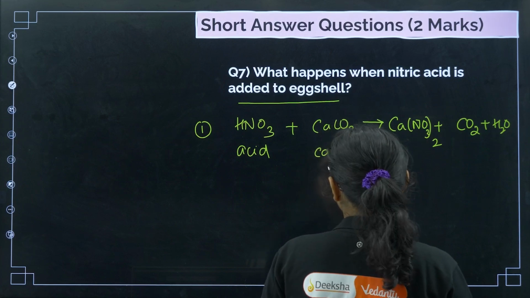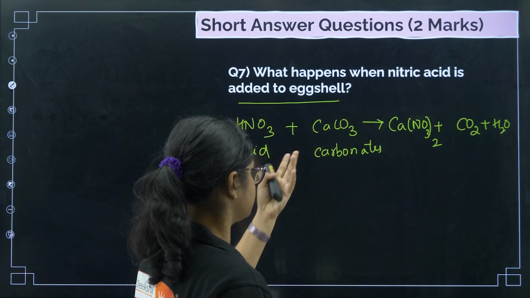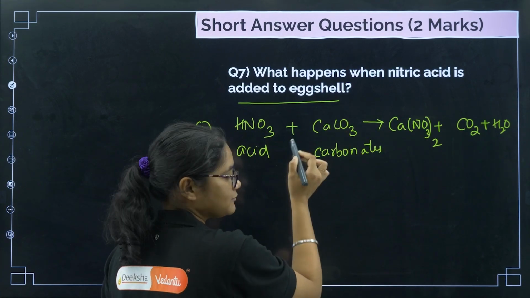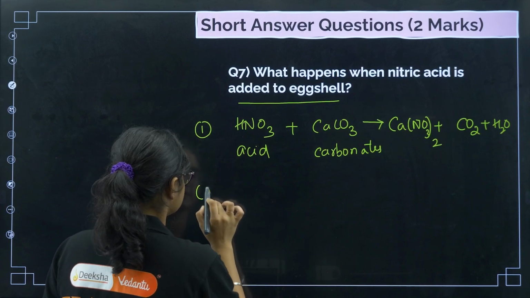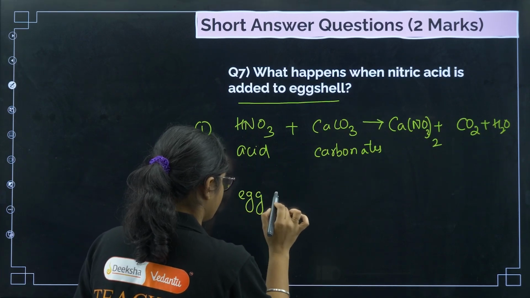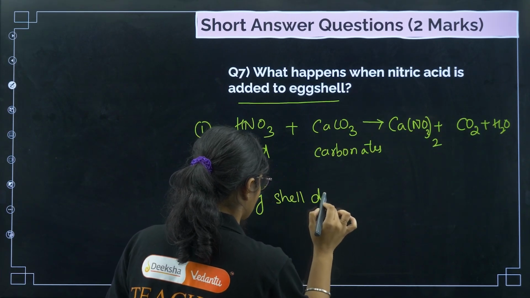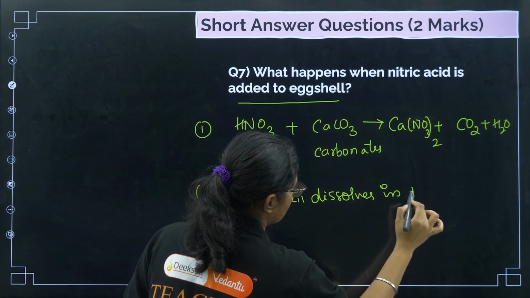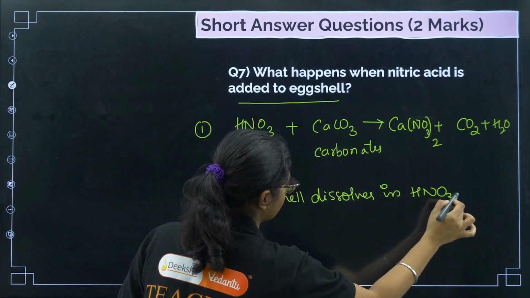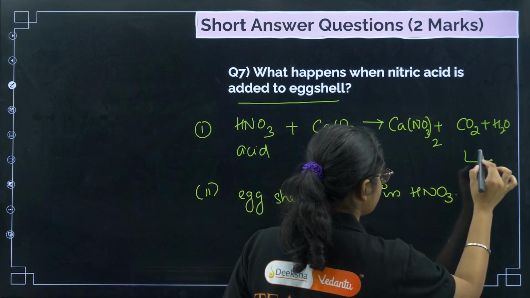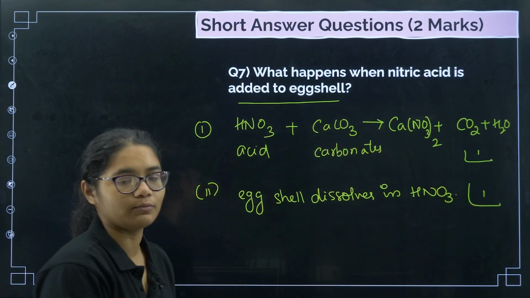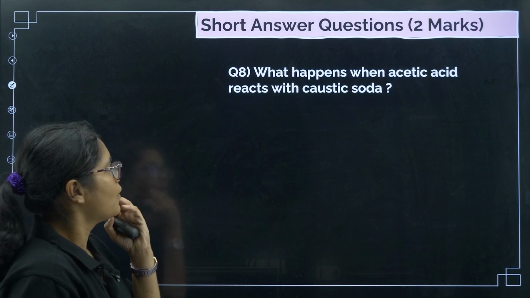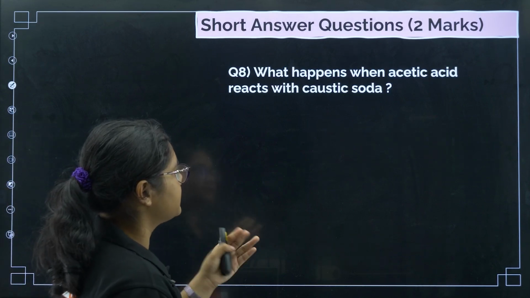Okay, so now what happens, this eggshell reacts with this one, so we can say that the eggshell dissolves in HNO3. Okay, that's all. You have to write 1 mark for reaction and 1 mark for this one. You'll get 2 marks.